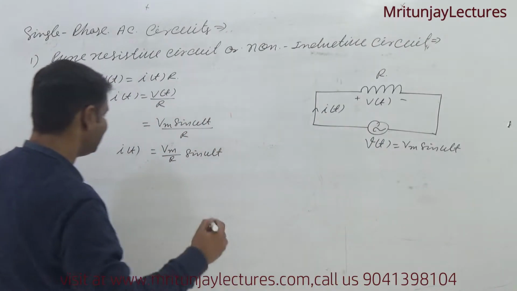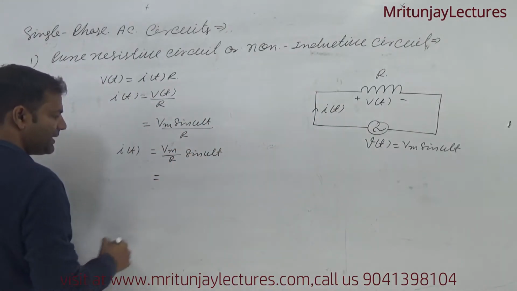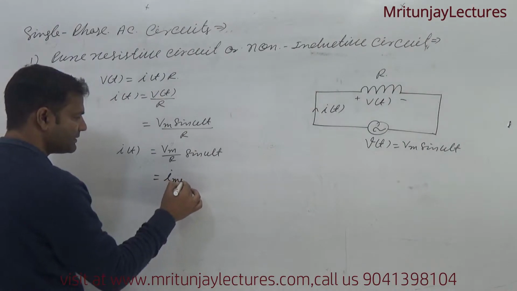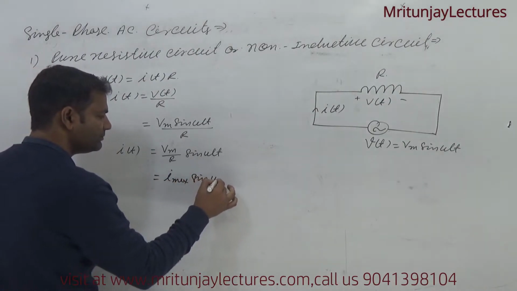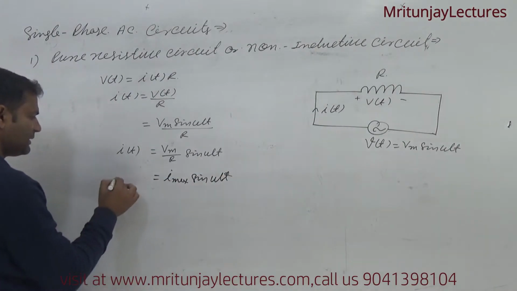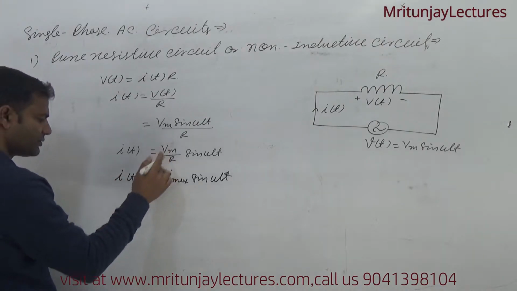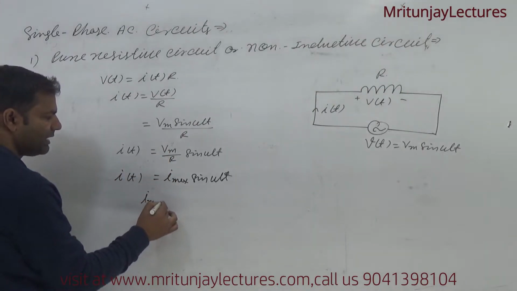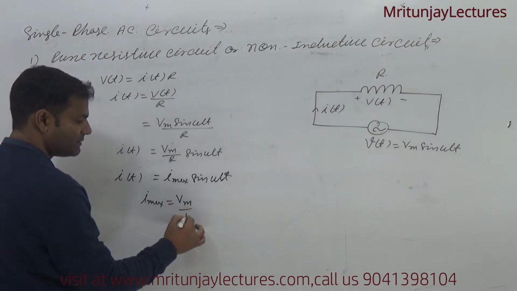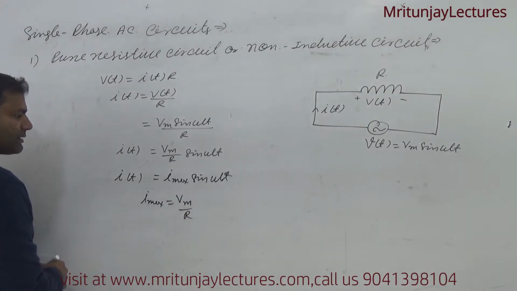Now if you compare with I max into sin omega t, then this is It, so I max is Vm by R. Clear?